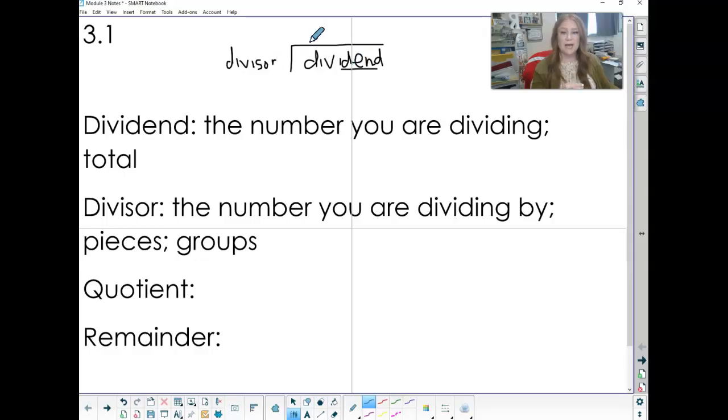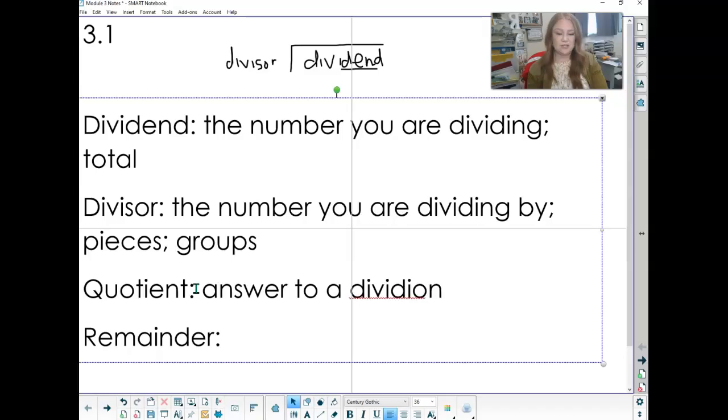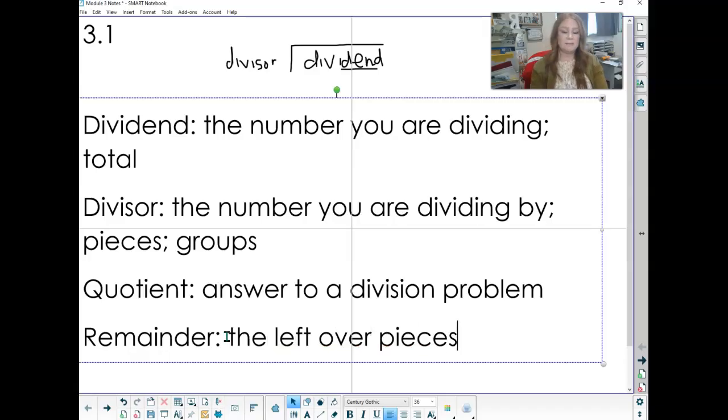So this is what we have. This is what we're dividing it by. The quotient is the answer to a division problem. And then our remainder is the leftover pieces that don't fit into a whole group of something.